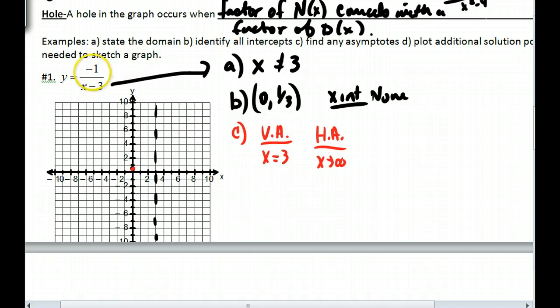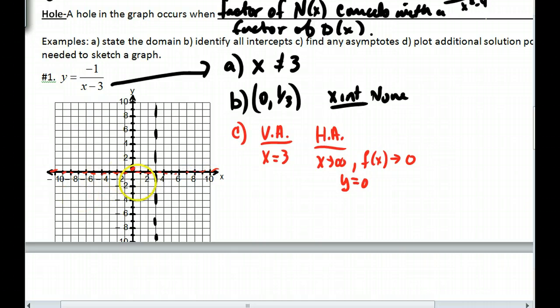The numerator is negative, but regardless, f of x is going to go to something over a big number. Well, it's going to be small. So our horizontal asymptote would be y equal to 0, and it doesn't matter if x goes to positive infinity or negative infinity. So I have a horizontal asymptote here at y equal to 0.